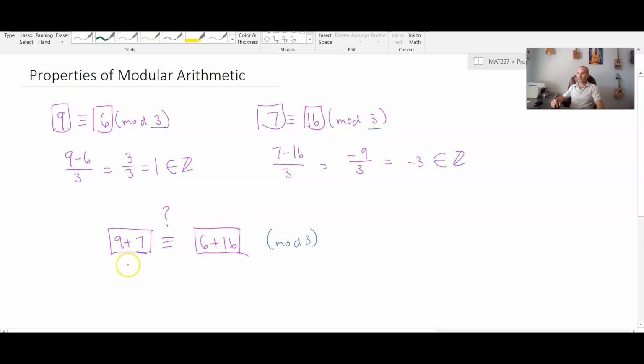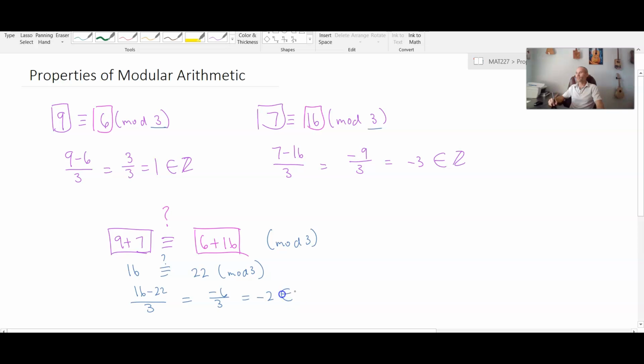Well, 9 plus 7 is 16, and we want to know, is it the case that 16 is congruent to 22 mod 3? All right, well, the way I could check this is 16 minus 22 divided by 3 is equal to negative 6 divided by 3, which is equal to negative 2.